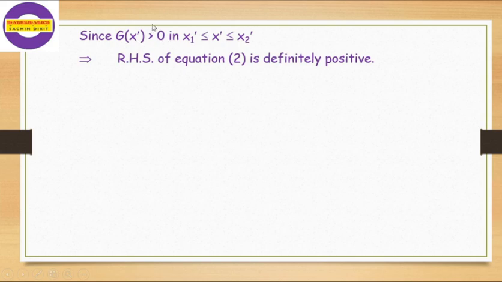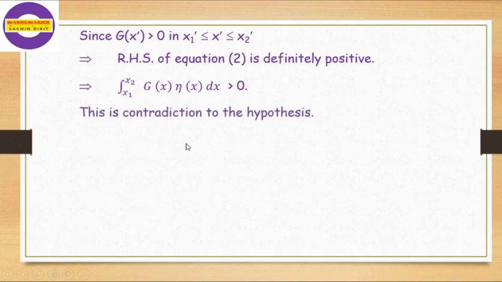Now if g of x dash is positive, obviously the RHS of equation 2 is definitely positive. That is, the integral from x1 to x2 of g(x) eta(x) dx must be strictly greater than 0, which means it is a positive term.